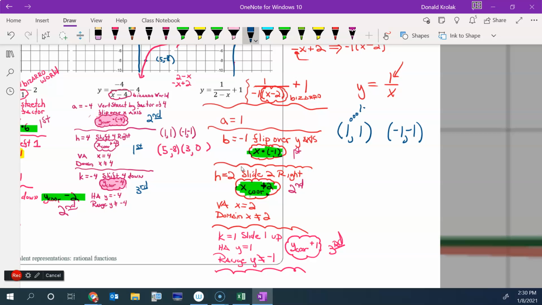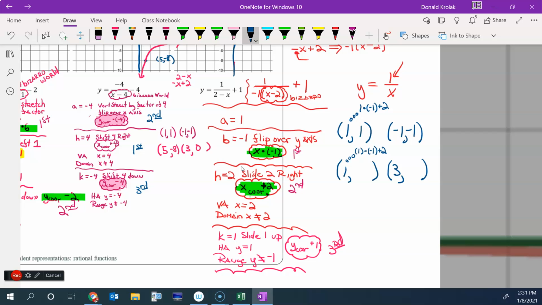So this is 1 times -1 plus 2, and that's going to give me 1. I'm going to do the same thing to this x coordinate. Multiply this by -1, that gives me 1, add 2, I get 3.